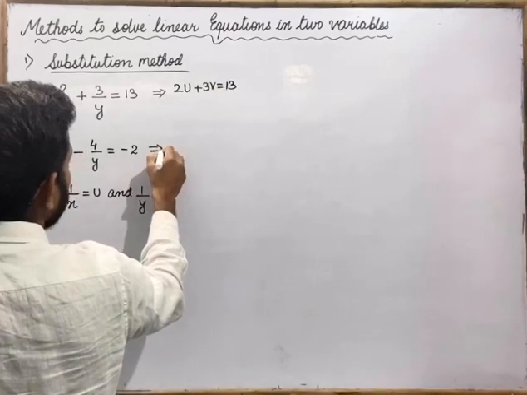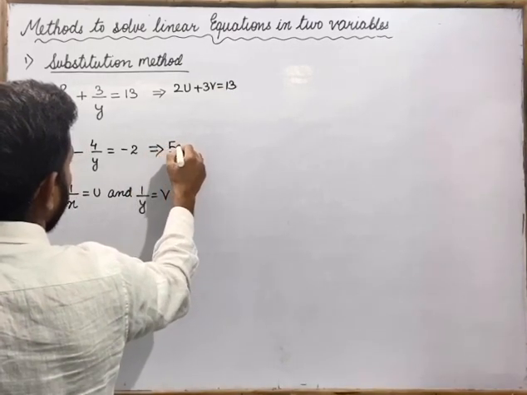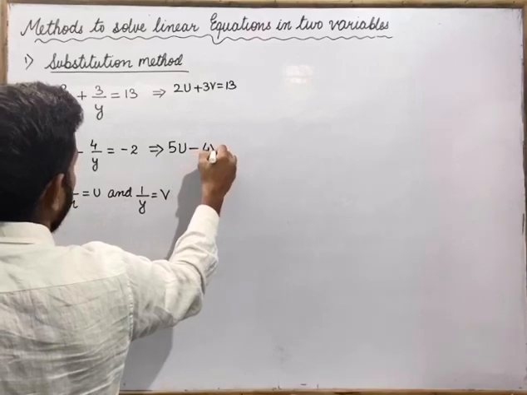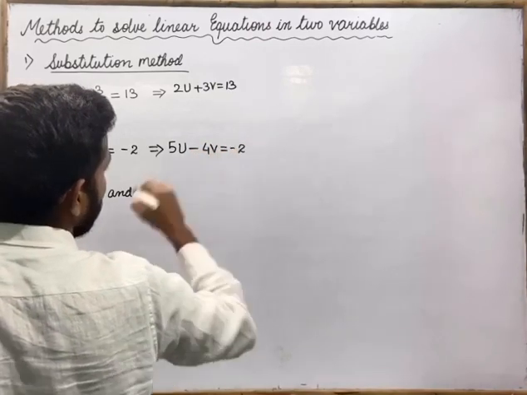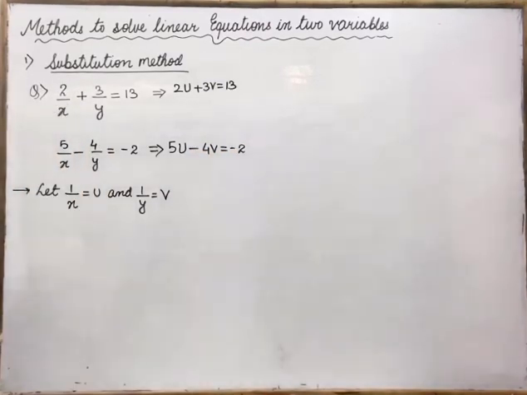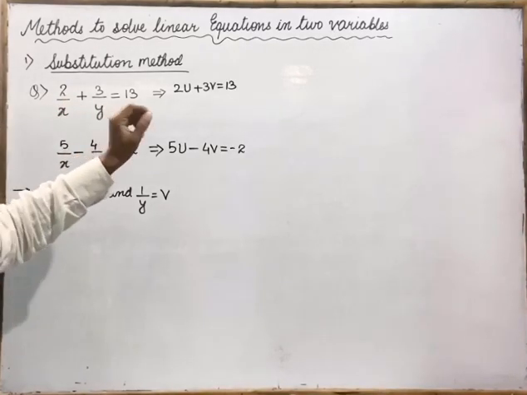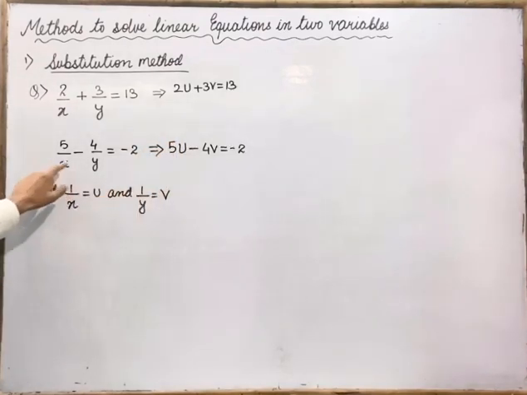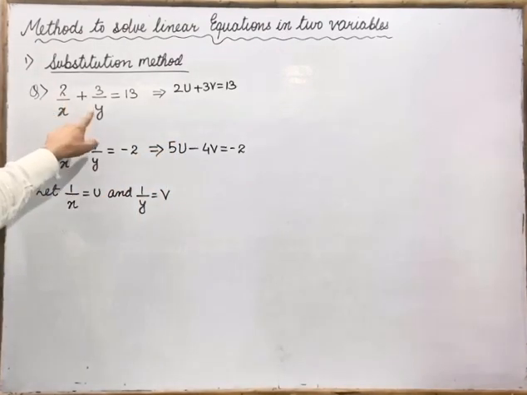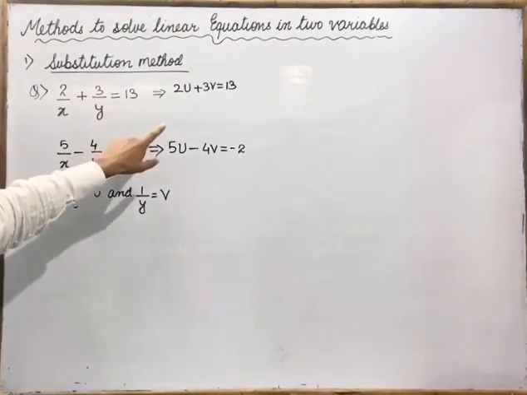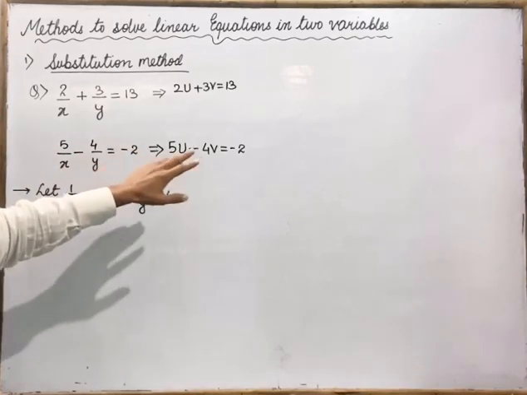The second equation will transform itself into 5u minus 4v equals minus 2. This is how it is done. The first equation has 2 by x. 2 by x means 2 into 1 by x, and 1 by x is u. So it becomes 2u plus 3v equals 13, and 5u minus 4v equals minus 2.